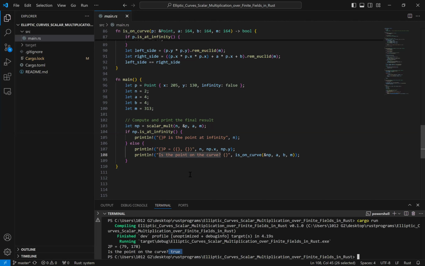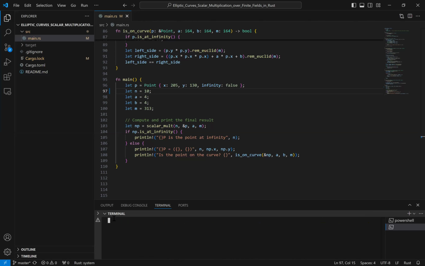There are two scenarios: the point will be on the curve, and if it fails, then it becomes a point at infinity, and the point at infinity is never on the curve. Now let's just change and see whether it will give us 10p. I want it to give us 10p.